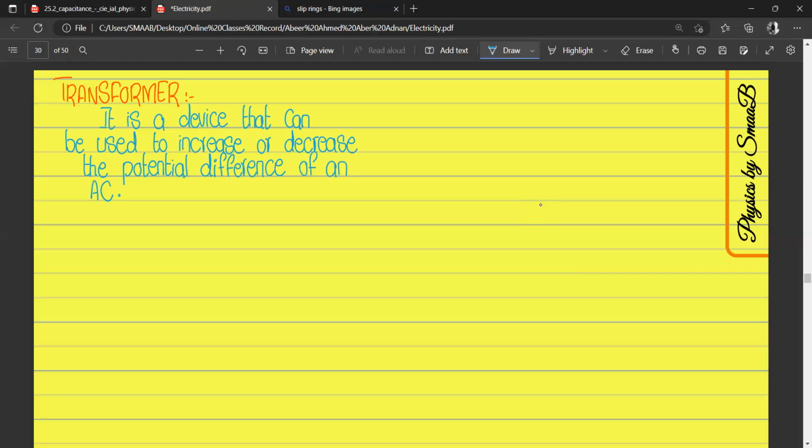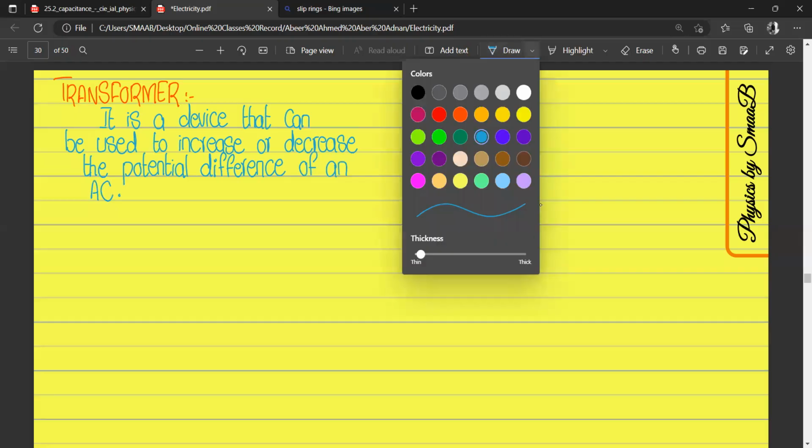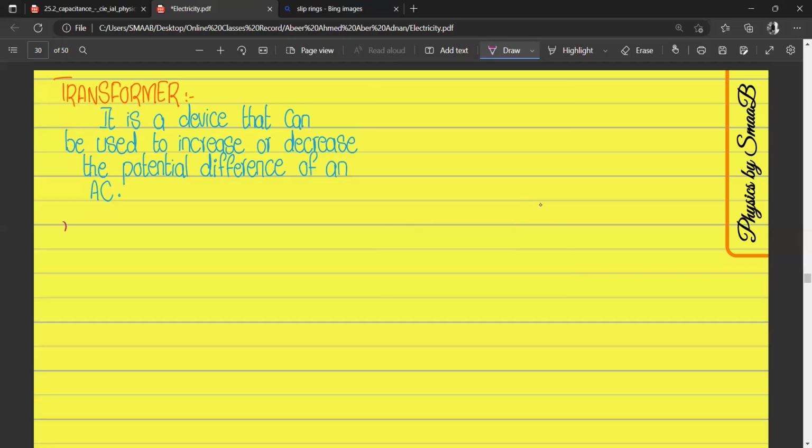Now if we talk about the construction and the components of the transformer, the components will be like this.